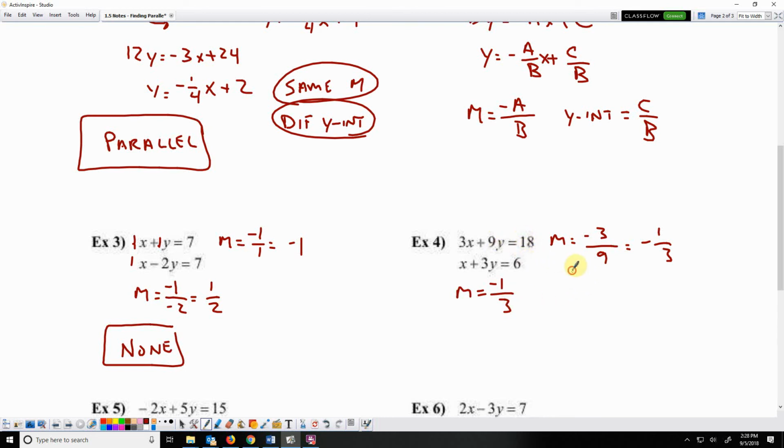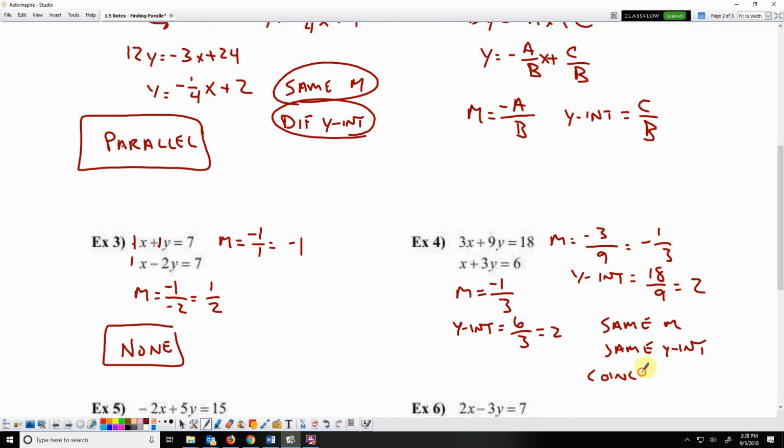Back to the first line, the y-intercept is c over b, so that's 18 over 9, which is 2. And for this second line, c over b is 6 over 3, which is 2. Same slope, same y-intercept, and that means they are exactly the same line, so these are coinciding.